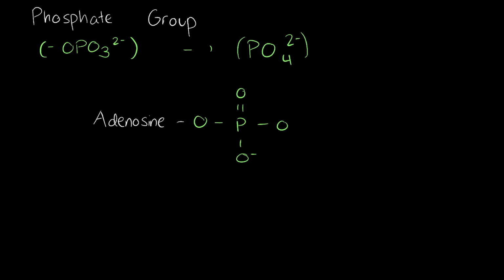Adenosine might be familiar to some of you, as might be the term ATP, and this is a good time to stop and talk about it. ATP is the universal energy molecule, especially for our cells. The reason is the bonds between each phosphate group in ATP are very strong.